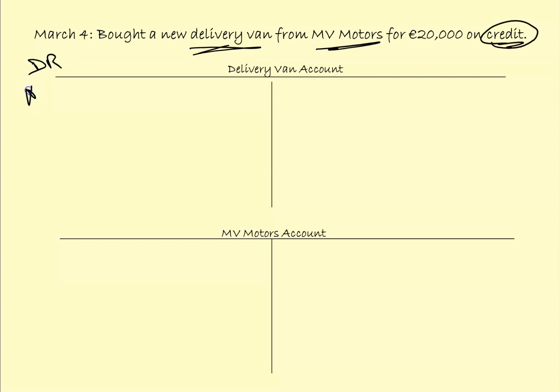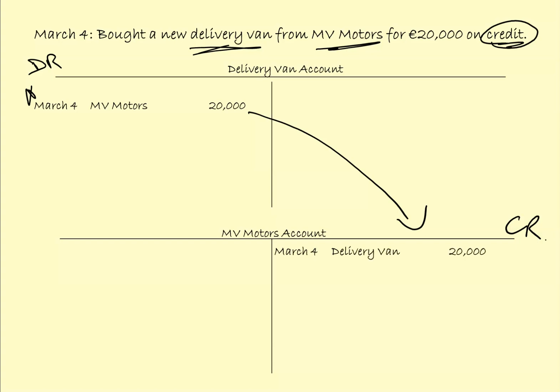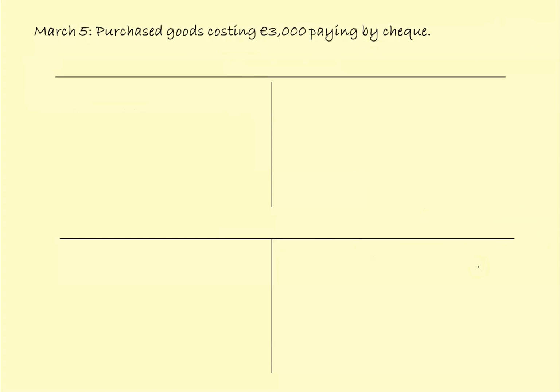So I'll write in here, March the 4th, reference it to MV Motors, and 20,000. And then down here, on the credit side of MV Motors account, I'll write in March the 4th, delivery van, 20,000. So MV Motors have a balance on the credit side. They are creditors. Patrick owes them 20,000.